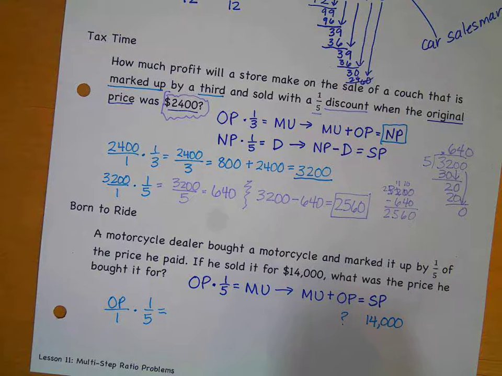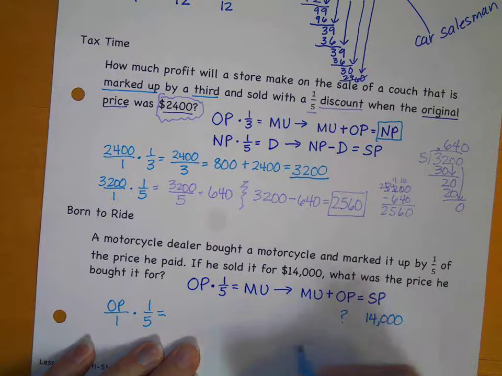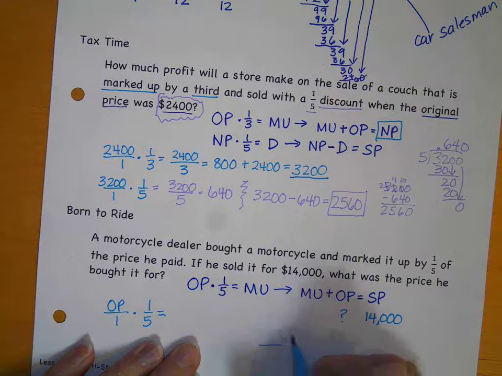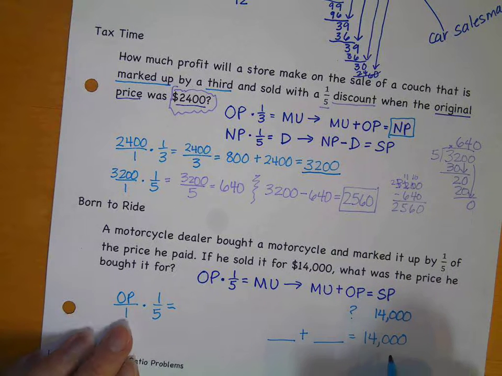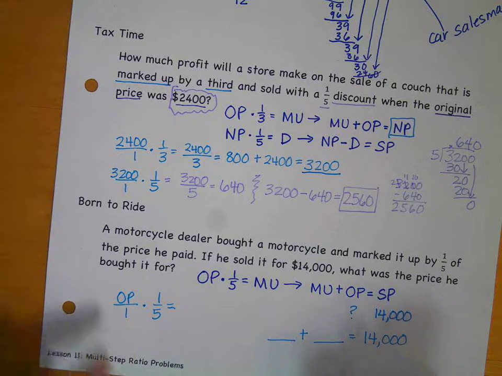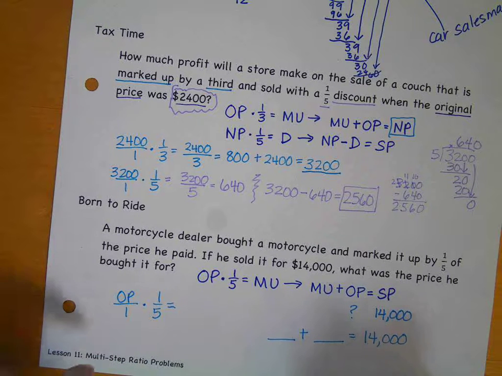So we have to work backwards somehow. We know that this answer right here, $14,000, came from the markup plus the original. And we know that $14,000 happened because we took something times 1/5 and then added it to the something.